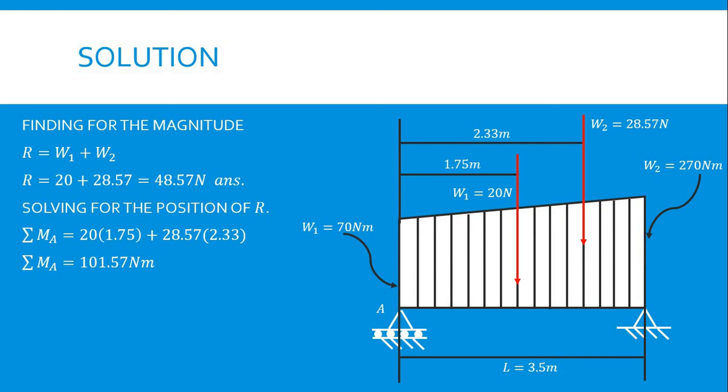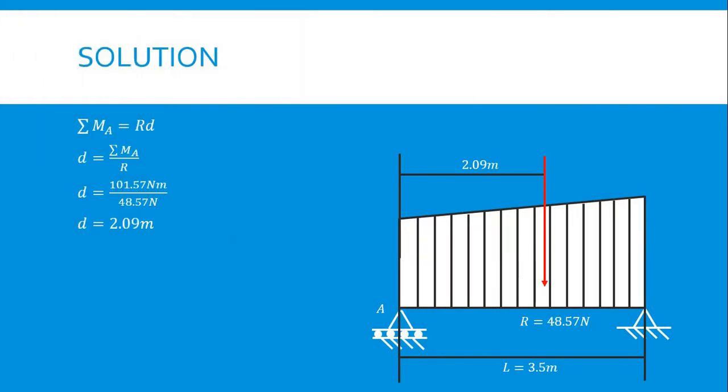Now, for solving for the position of R, summation of moments at A is equal to 20 multiplied with 1.75 plus 28.57 multiplied with 2.33. That will give us a total of 101.57 Newton meter. Now, we are going to substitute the answers in this formula.